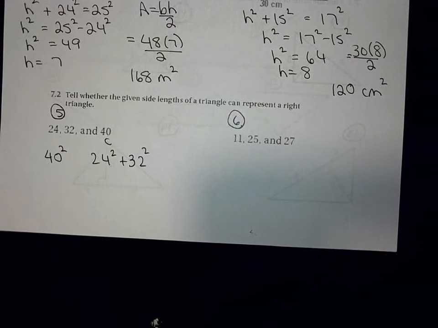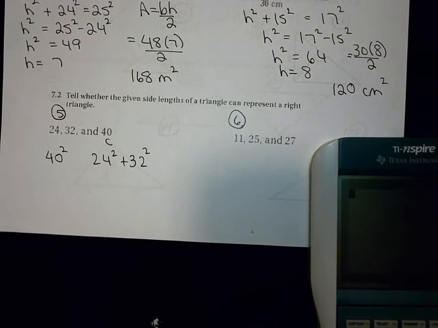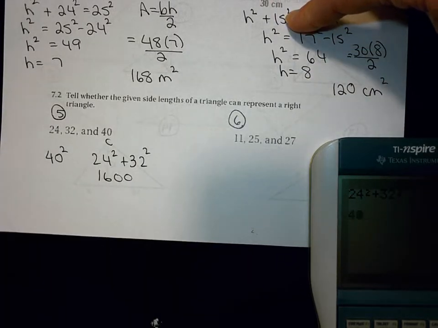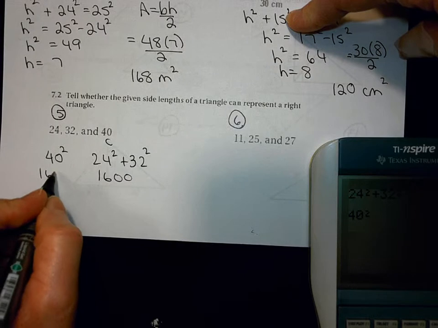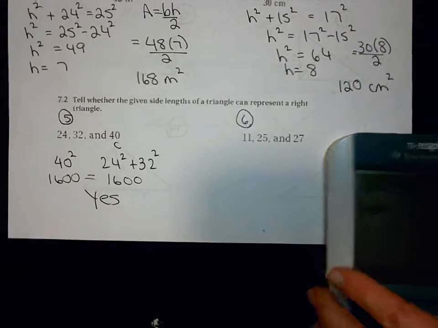So if we look at that, we have 24 squared plus 32 squared is going to be 1600. 40 squared is going to be 1600. So yes, that is a right triangle.